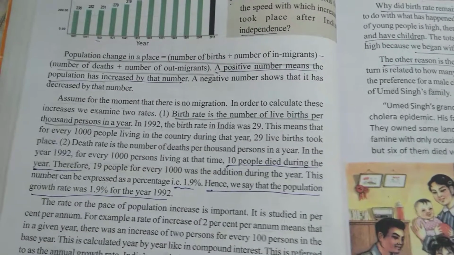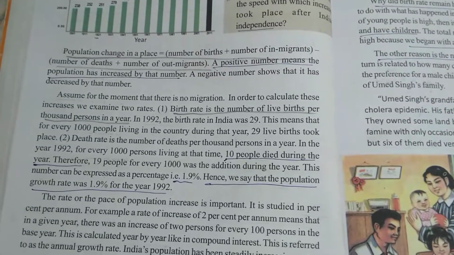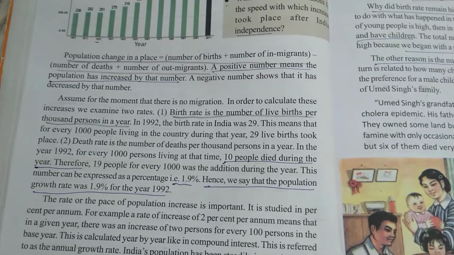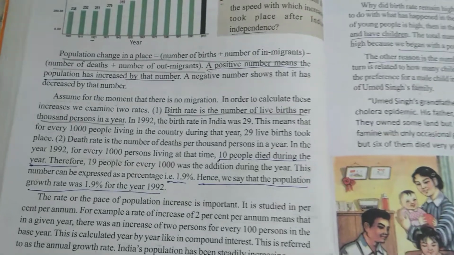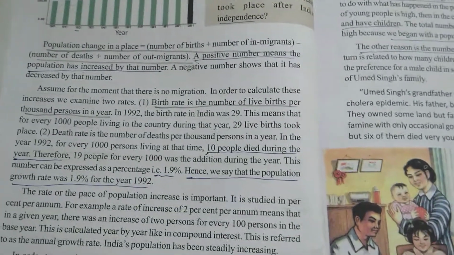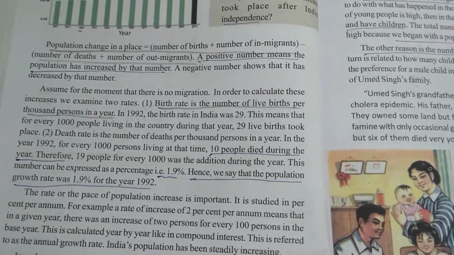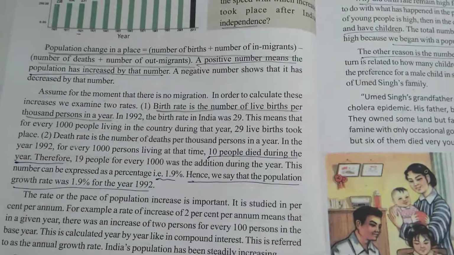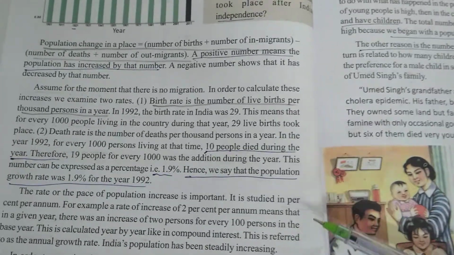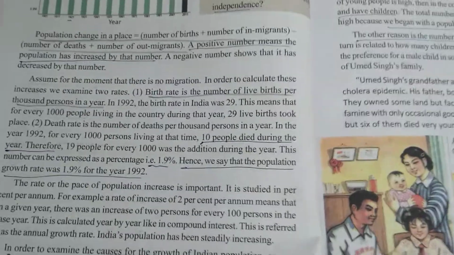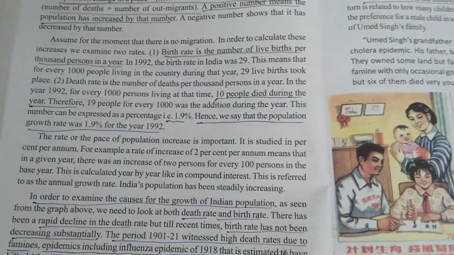Now, to examine the causes for the growth of the Indian population, why it is increasing: after independence, the death rate declined and the birth rate increased because of medical facilities and education. Before independence, for example in the period of 1901 to 1921, there were many disturbances.